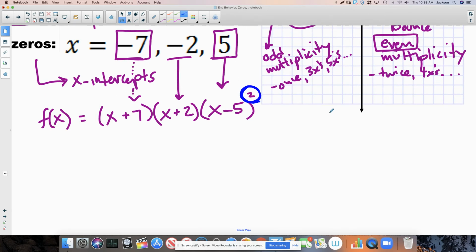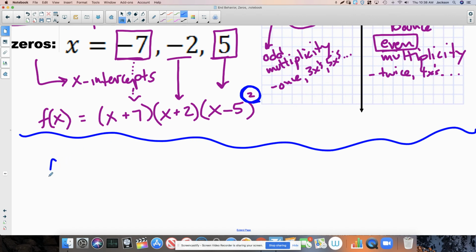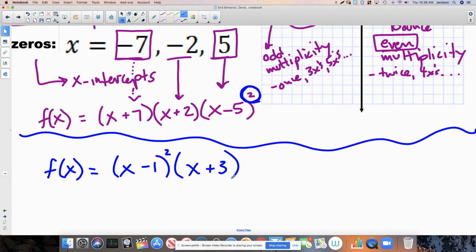So there are different ways to consider what this multiplicity means, right? Let's do a different example. If I had a function that was x minus 1 squared and x plus 3, let's say I had a function that factored down into something that looked like this, right? The zeros would be 1 and negative 3, right? If I went to graph this, that would mean my graph intercepts the x-axis at 1 and at negative 3, okay?